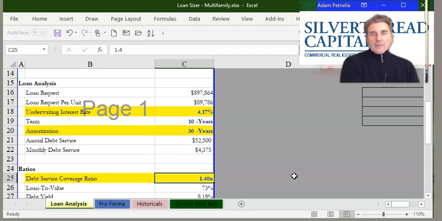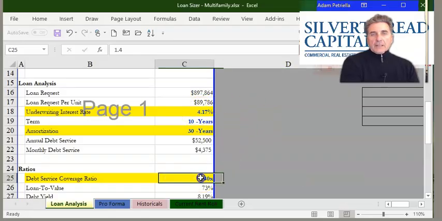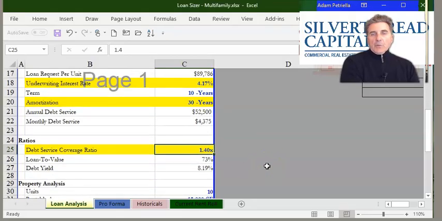The formula is baked into this Excel spreadsheet, and I'll show it to you in a second. But once we figure out the NOI, we would then look at our debt coverage ratio, and we would put in whatever the bank wants, right?